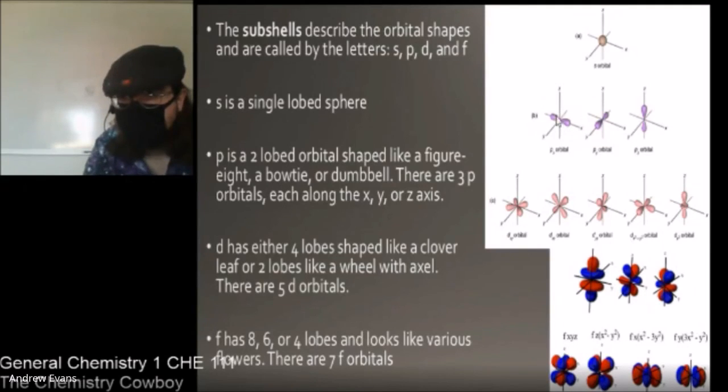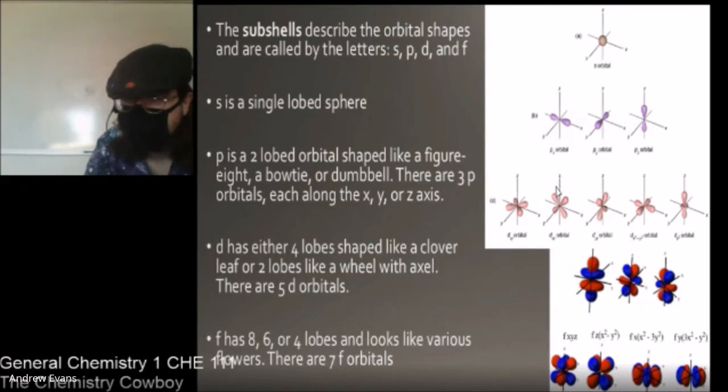We have a P in the x-axis, a P in the y-axis, and a P in the z-axis, so 3 different ones for 3 different axes. Each P orbital can hold 2 electrons, so the 3 P's together can hold 6 electrons total.